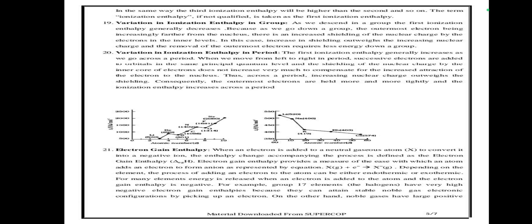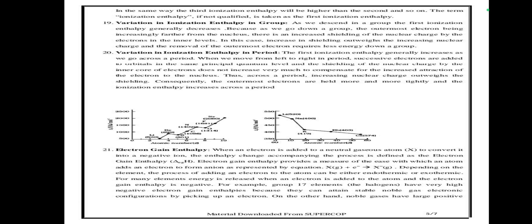Thus, across a period, increasing nuclear charge outweighs the shielding. Consequently, the outermost electrons are held more and more tightly, and the ionization enthalpy increases across the period.